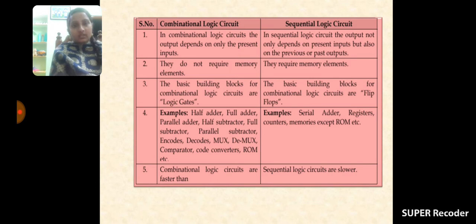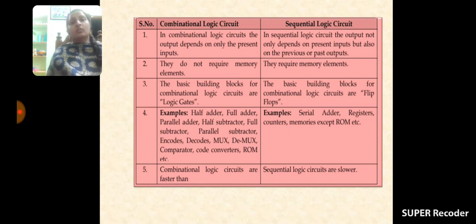But in sequential logic circuits, present output not only depends on the present input but also depends on the previous stage outputs. Is it clear?